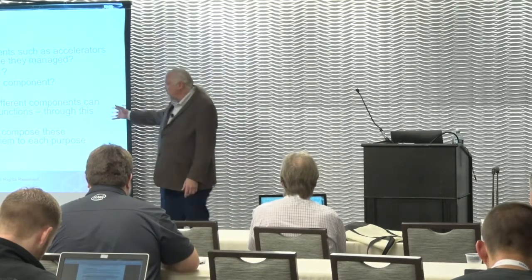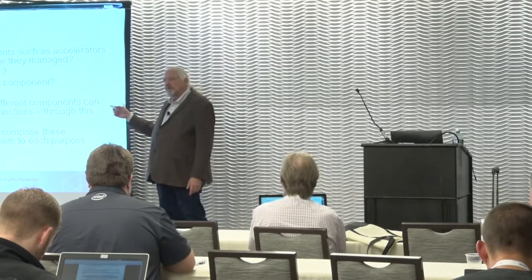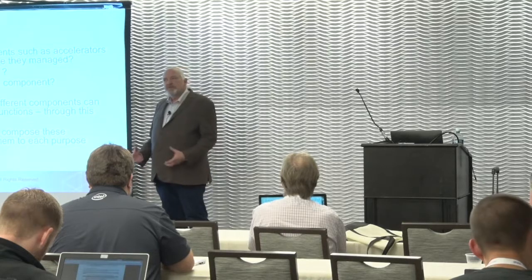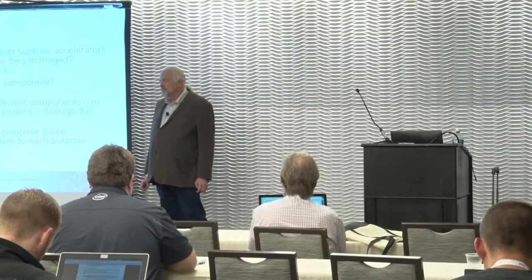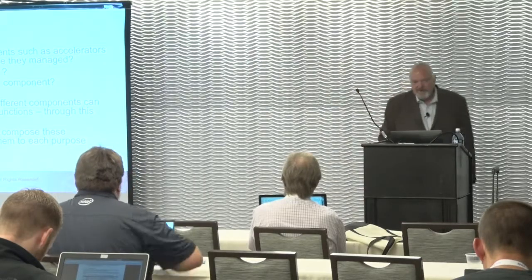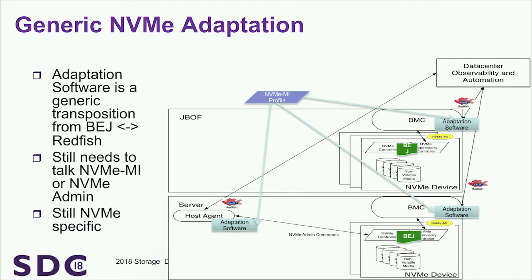So I think what we're doing is laying the foundation for all the computational storage elements as well to pick up the same way of doing things. So then if you've done that, you have a standardized profile. This adaptation software in the BMC case is doing the BEJ dictionary compaction.